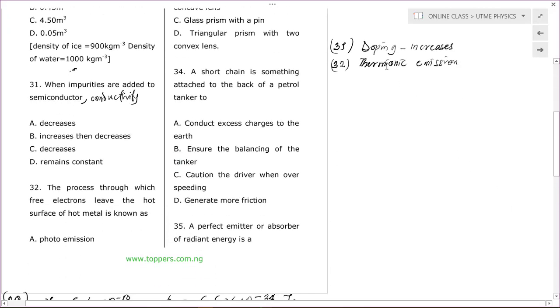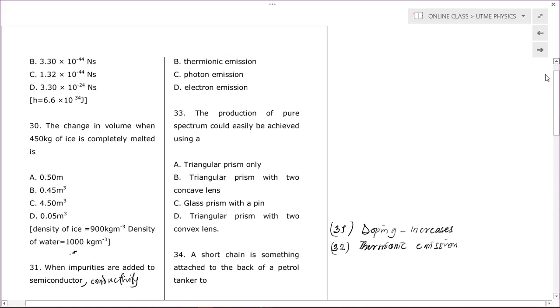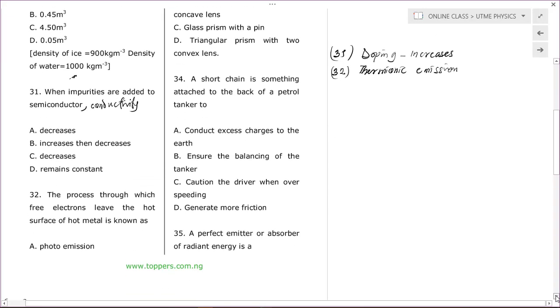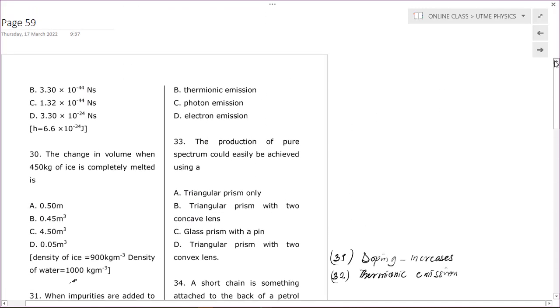Ionic there means that the ion or electron moves out. So that is why it is called thermionic emission. So when you heat something and the electron is emitted from it, you say emission from a hot surface. And that option there is B. B is the answer here.